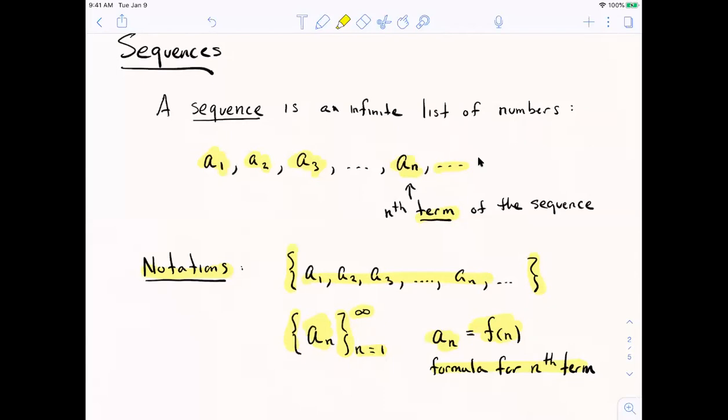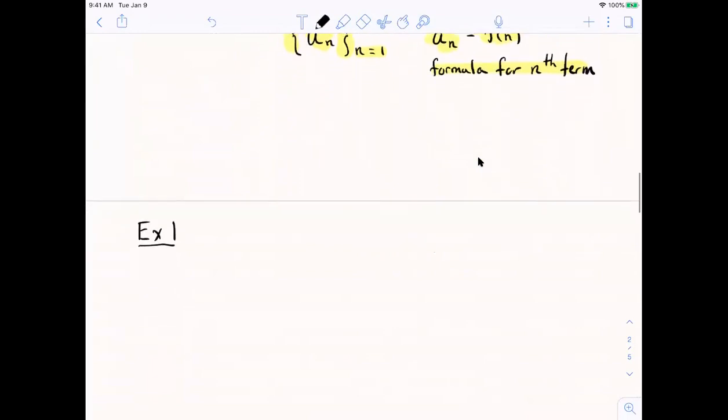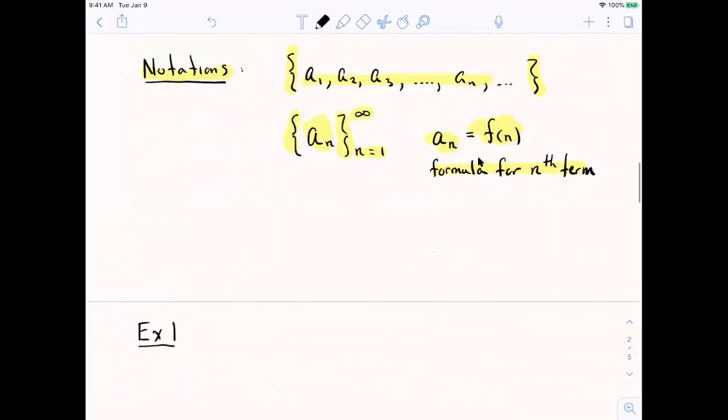Okay, let's look at some examples. I think I'm ready for some examples. I'll try to leave that in view as we start this first example. I'm going to write a sequence just by writing out some terms. My sequence is going to go like this: 1, 1/2, 1/3, 1/4.